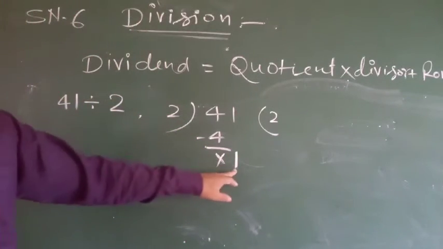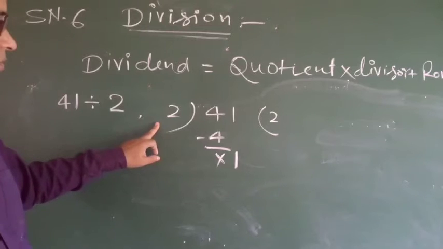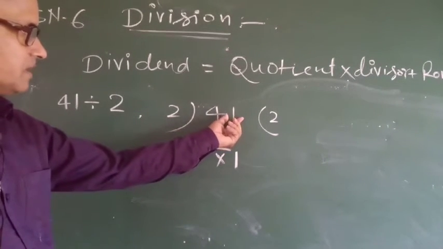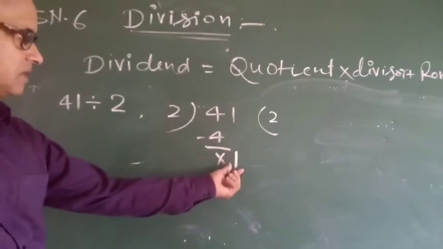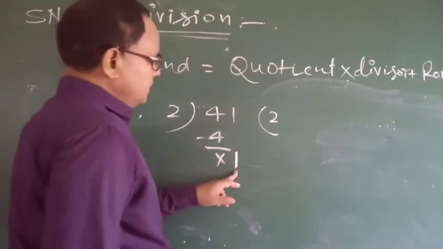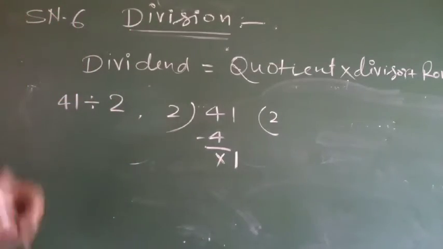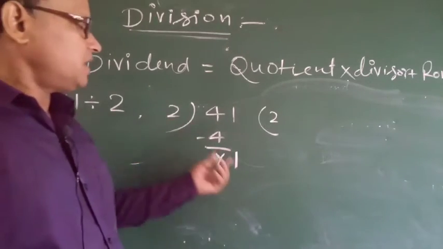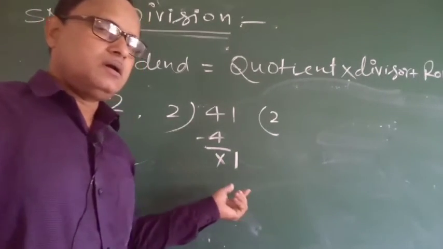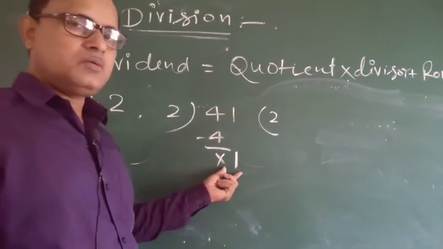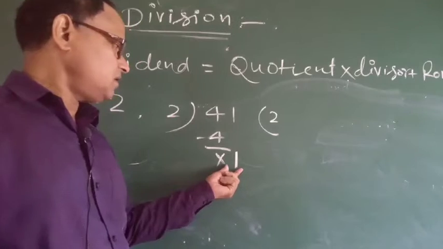Here 1 is not the remainder yet. Okay, we take down only a number from here. 1 is less than 2, then how many times do we read the table of 2 which is not more than 1? 2 1s are 2, which is more than 1.